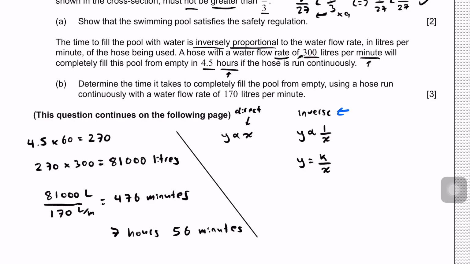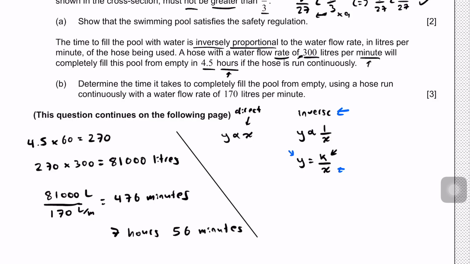So we're trying to find this proportionality constant. We know what y and x are. y is the amount of time, and our flow rate is x.